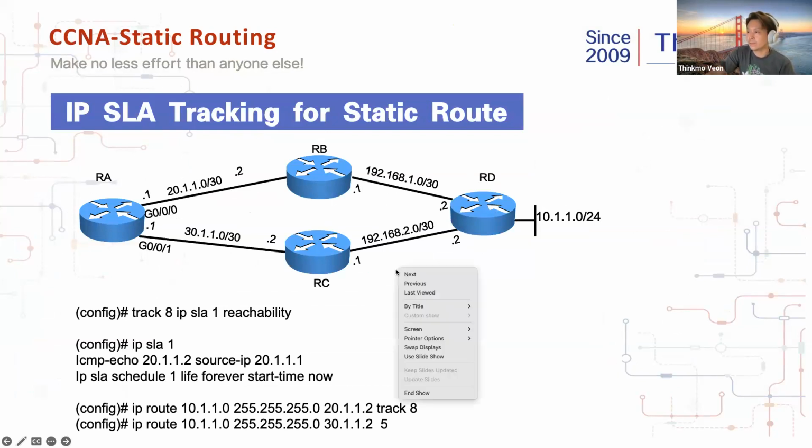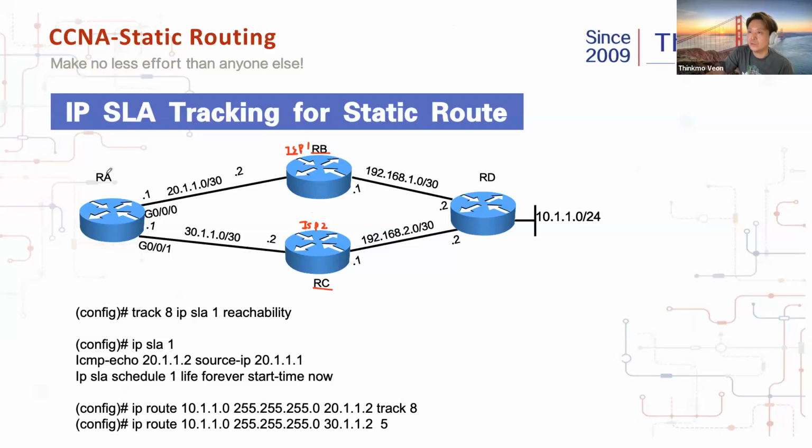For example, here, let's say you have two ISP routers, this one is ISP1, this one is ISP2. What is ISP? Service provider, right? Service provider routers, RP, RC.